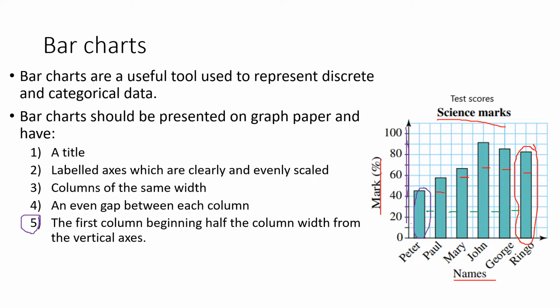Instead, you need to leave a gap, and that gap needs to be exactly half of the width of your bar or column here. So notice how the distance from the vertical axis to the graph is the same as half of the width of your bar. So this distance here, half of the width of the bar, is the same as the distance that you need to leave out the front.